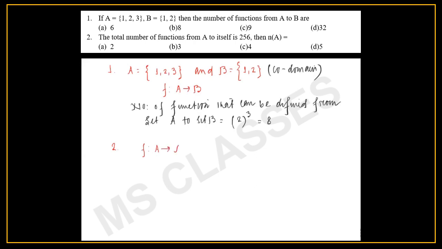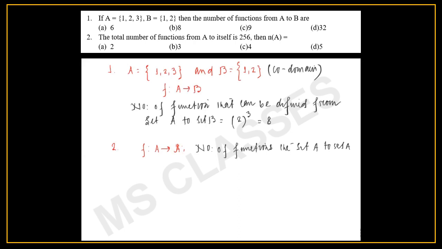Number 2, number of functions from A to A. F maps A to A. So here, how many functions are there? Write down the number of functions from A to A. Now, as per the formula, what is the codomain?